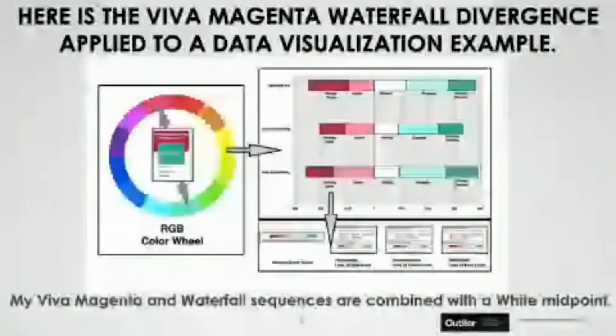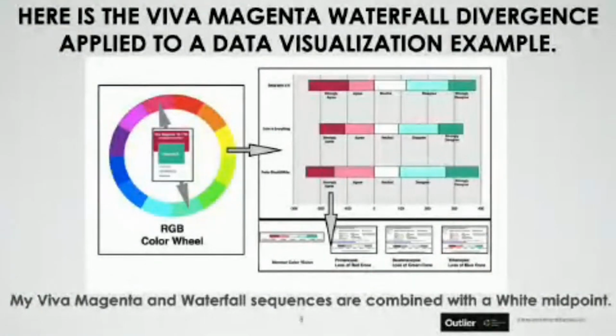So now we have the Viva Magenta, Waterfall diverging scheme, and I applied that to another data visualization example, but I need to check for color deficiency.